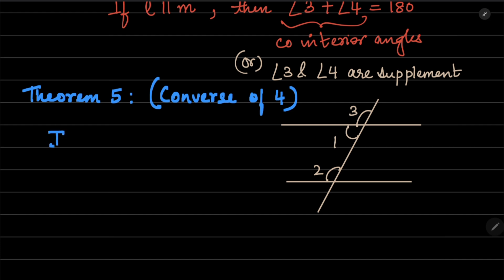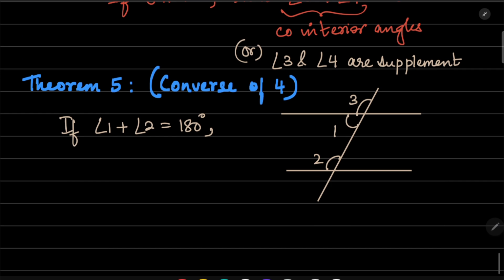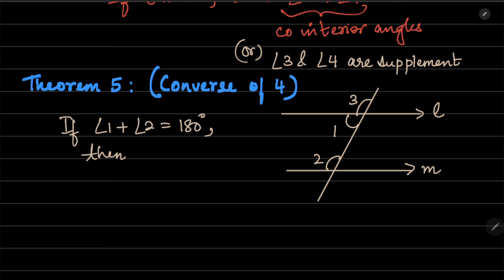If you know that angle 1 plus angle 2, the sum of the co-interior angles, is equal to 180 degrees, then it also means that lines L and M are parallel to each other.